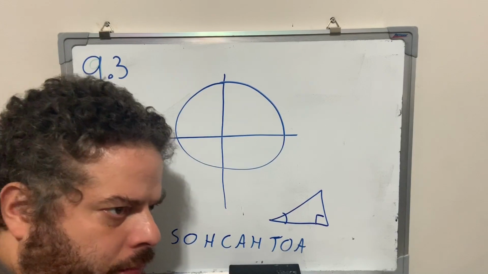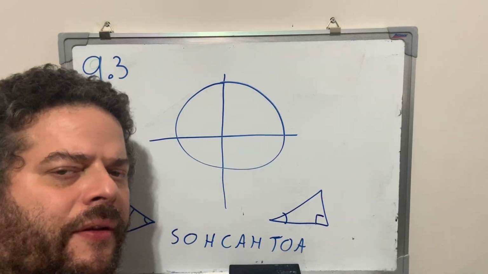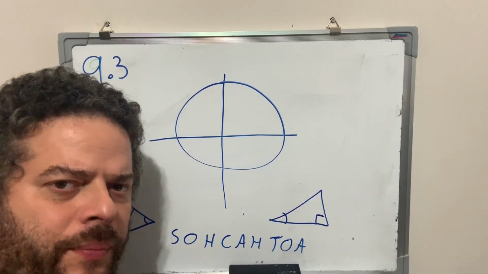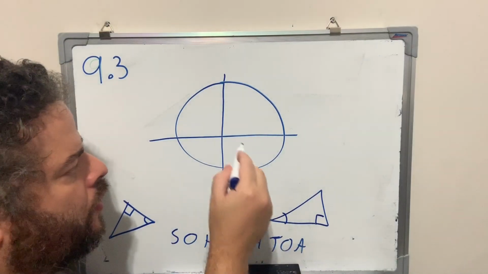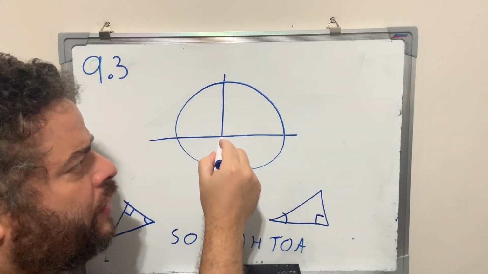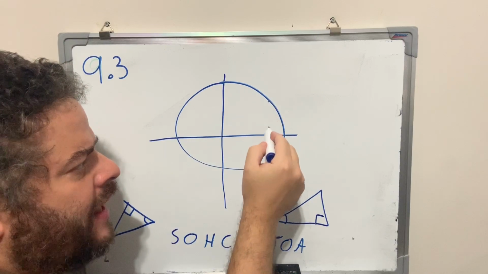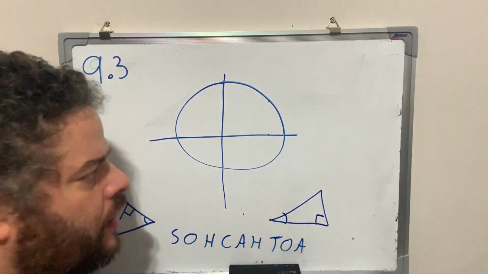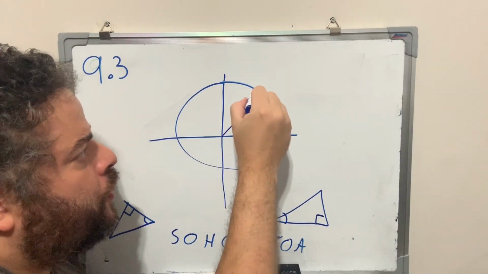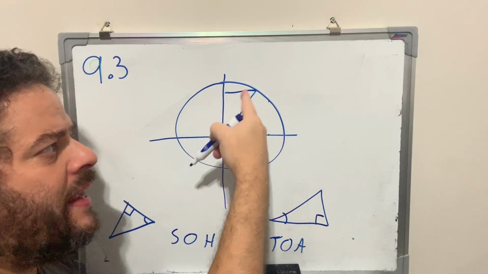Now note, this triangle is always formed in the following fashion. You always go from the origin to the circle and to the x-axis. You never form a triangle with the y-axis.